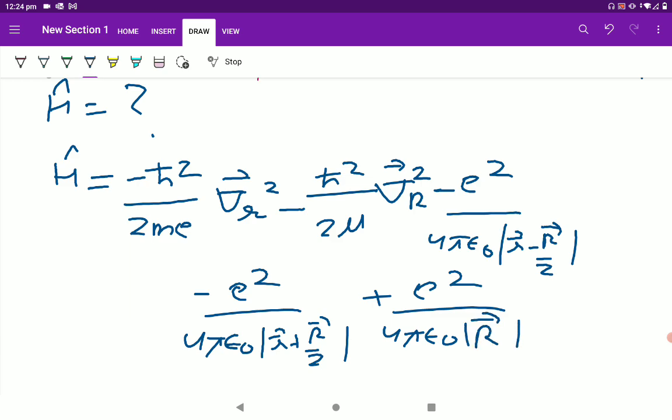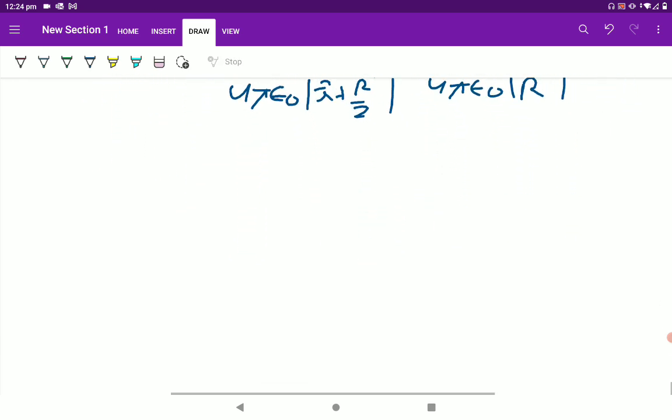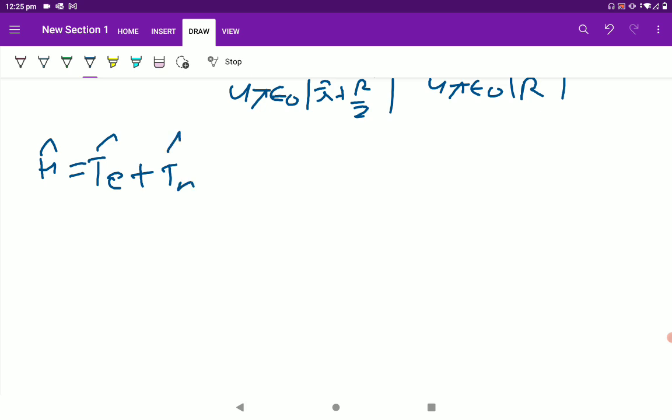So we can simplify by writing in this fashion. This is the kinetic energy of the electron, this is the kinetic energy of the nuclei, plus potential energy between the electron and nuclei, plus potential energy between the nuclei.